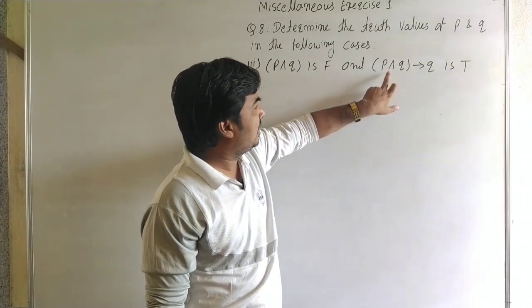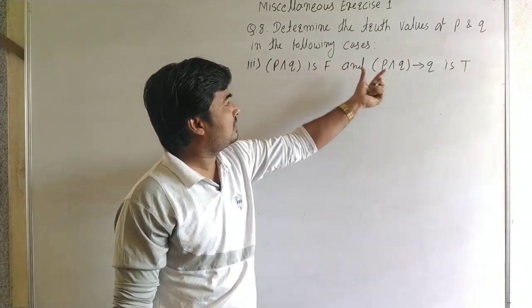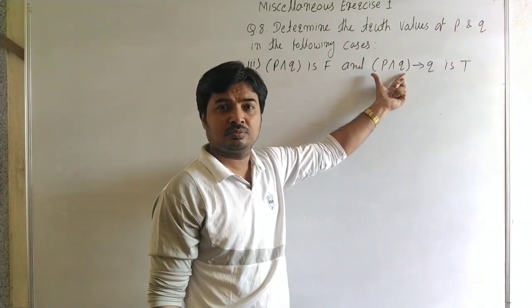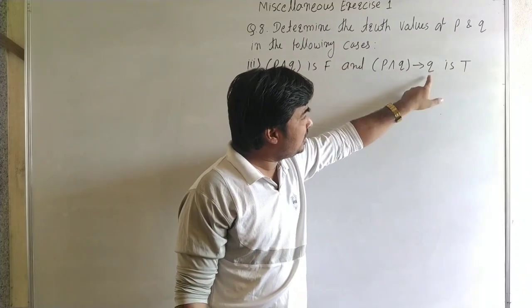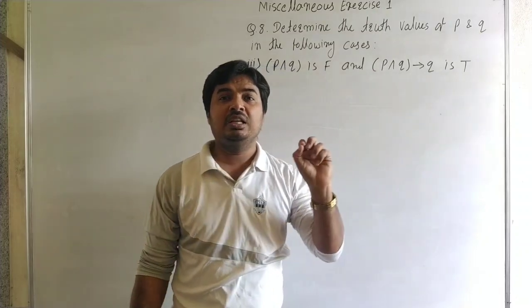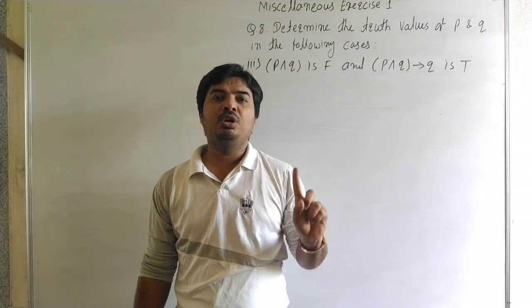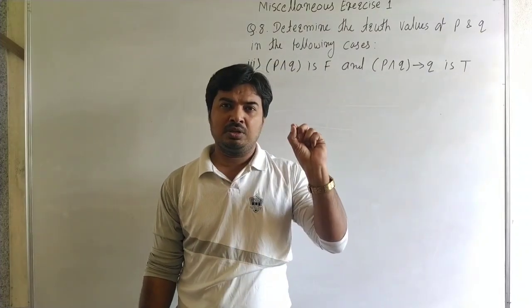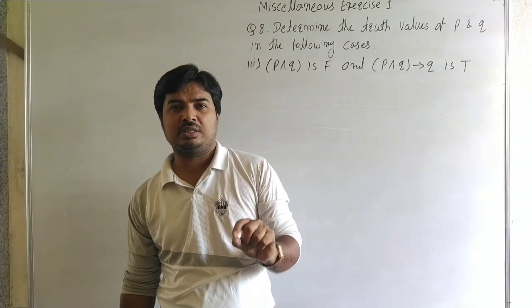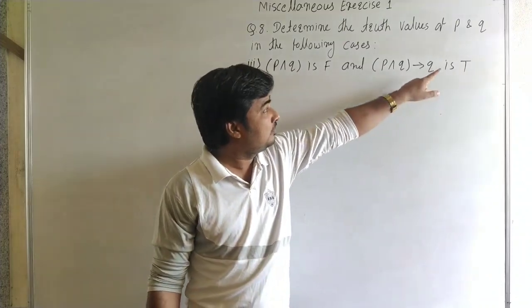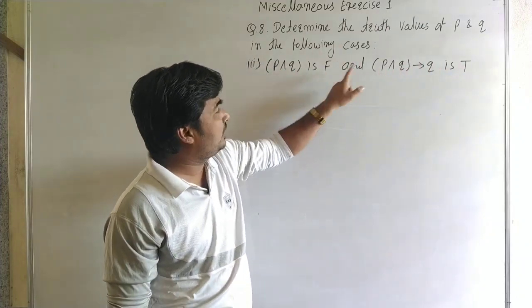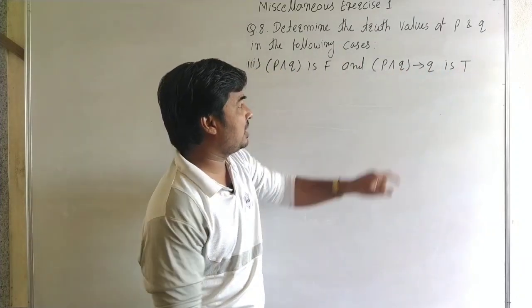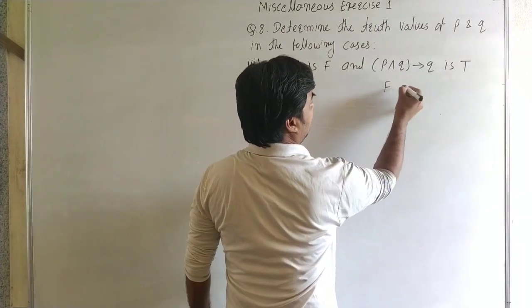Now the second: here P and Q is false. Then P and Q implies Q is true, and in implication there is only one condition that is false: the first statement true and the second false. But here it is given that it is true, and P and Q is false, therefore this bracket is false.